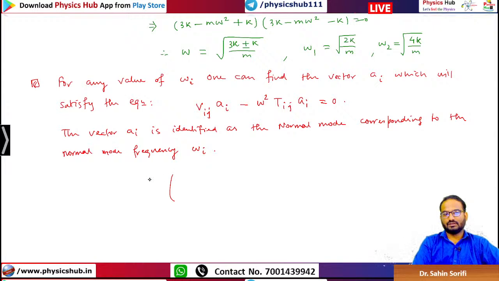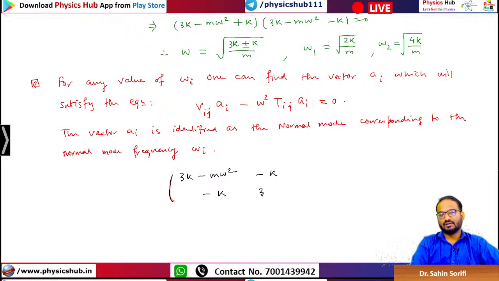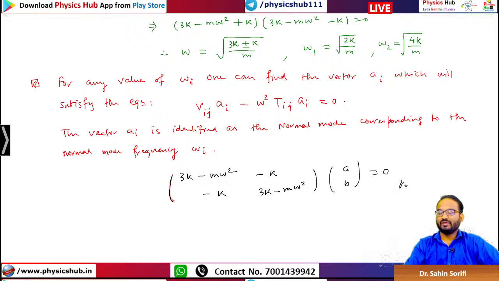So for this present case, we can write it in this way: 3k minus m omega square, minus k, minus k, 3k minus m omega square, times a b, equal to 0. So you can imagine it in this way.